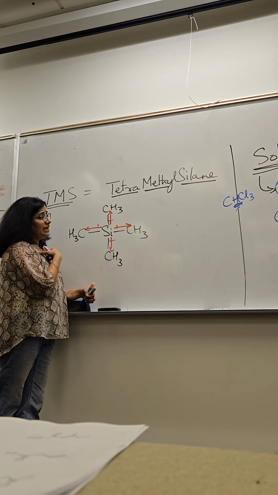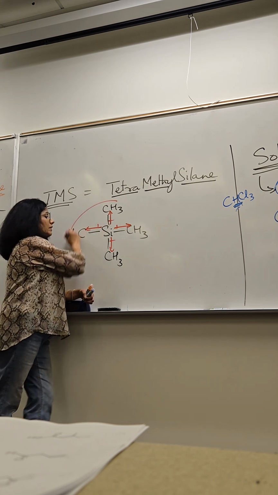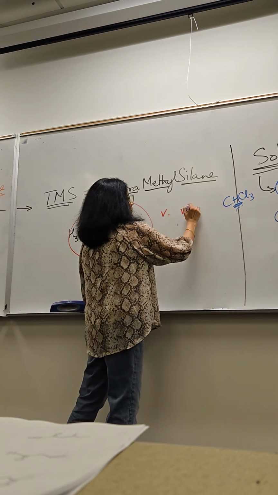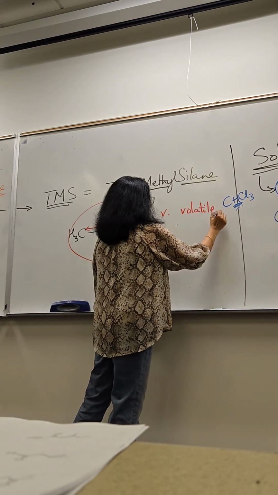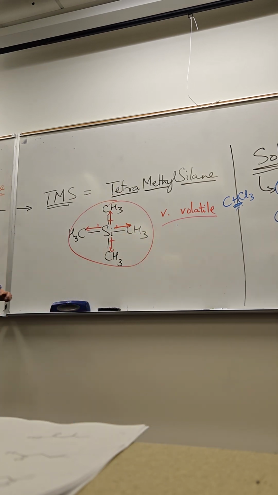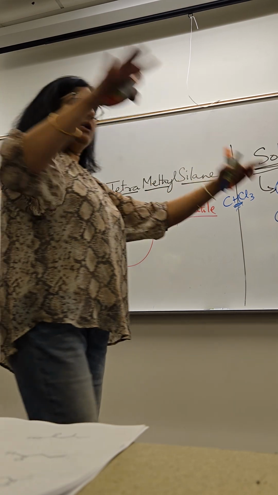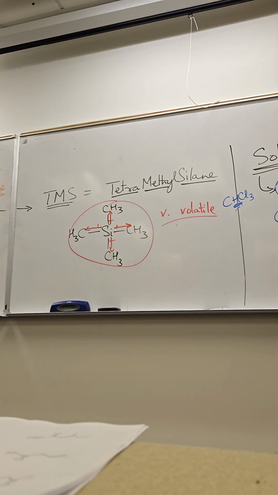That's my guess. Right. B, it's very volatile, extremely volatile. So it evaporates really quickly. So it probably won't work very well for general compounds.